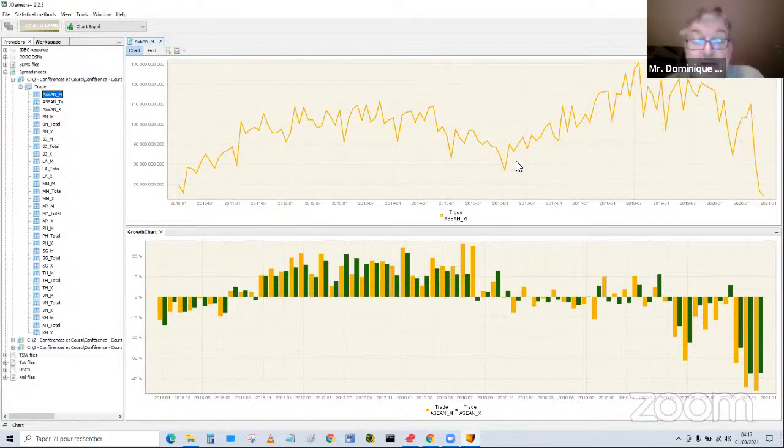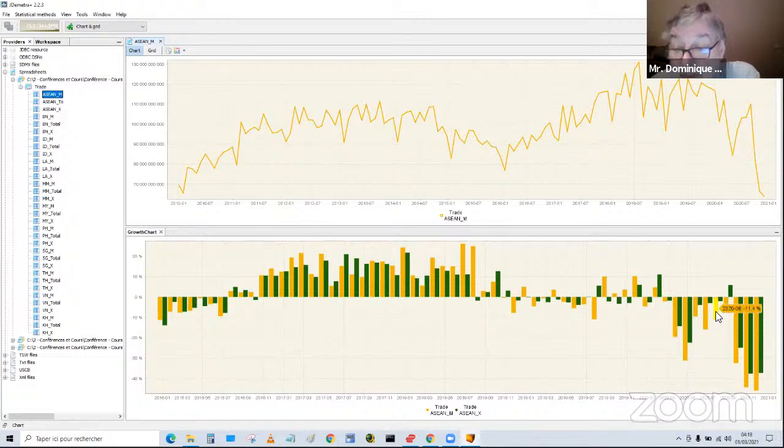And this kind of shape, of course, you cannot see in the annual growth rate. We will perhaps have a look later at this period, at the beginning of 2020, where you have a first turning point, a downturn in the economy, okay?